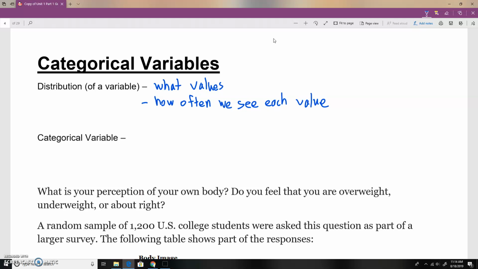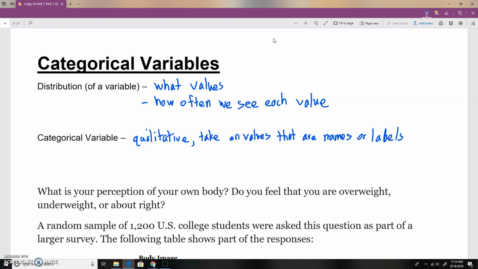Okay. Now specifically we're going to be talking about categorical variables today. Categorical variables, another name for them is qualitative variables. Basically that means variables that take on values that are names or labels.